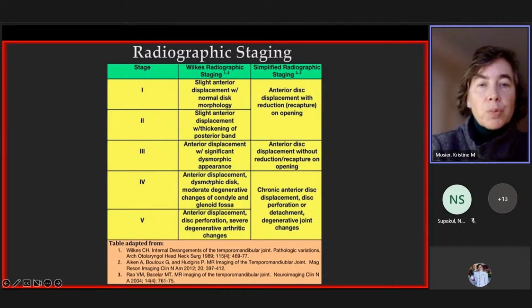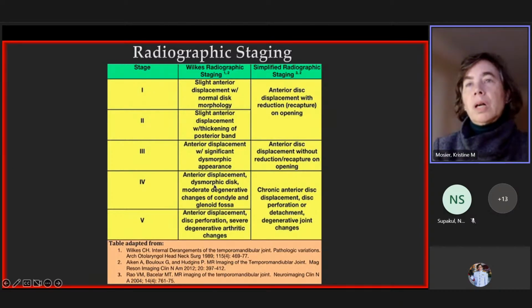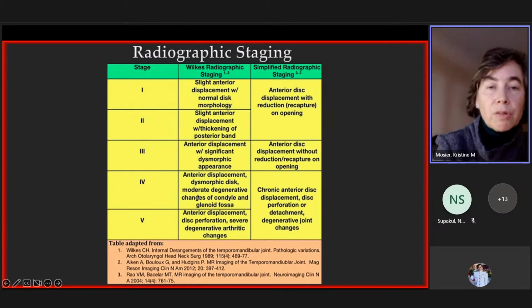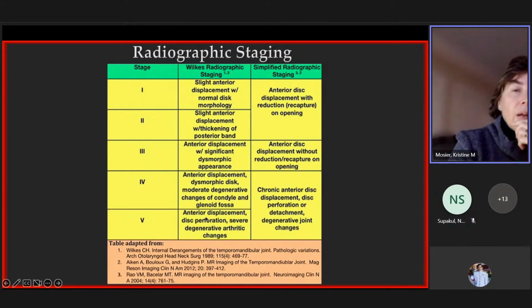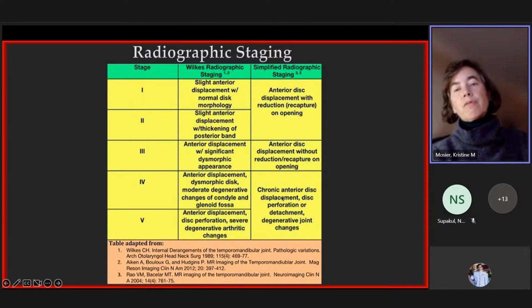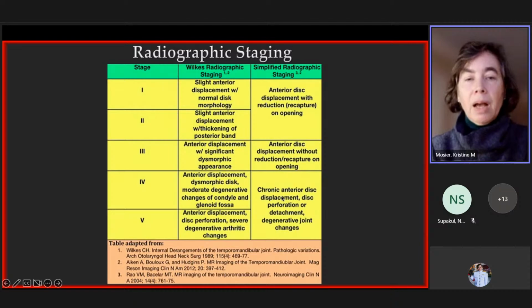And stage 4 is where you have much more impressive morphologic changes within the disc. It's anteriorly displaced. You certainly have degenerative changes within the condyle. And of course, your most advanced stage is where you have anterior displacement, where you have perforation and really disintegration of the articular disc. And here you typically have more severe degenerative joint changes as well.